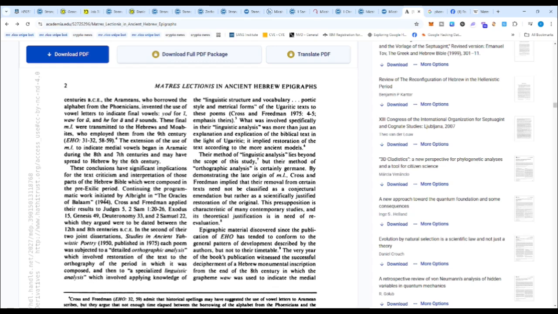What was involved specifically in their linguistic analysis was more than just an explanation and explication of the biblical text in light of the Ugaritic. It implied restoration of the text according to the more ancient modes.